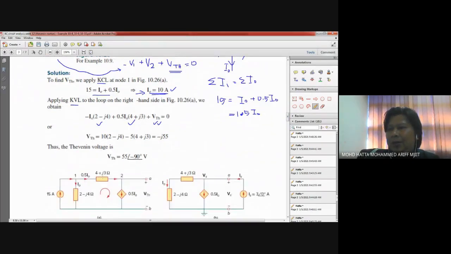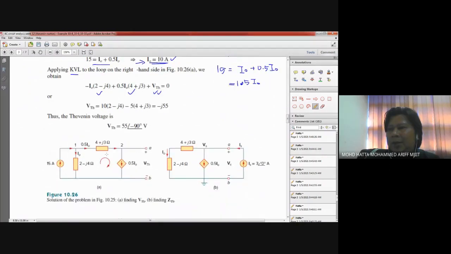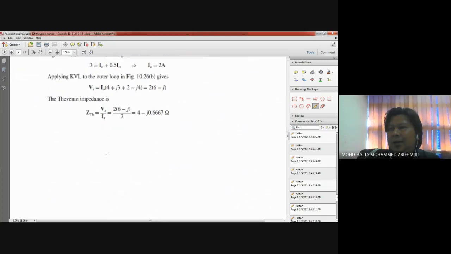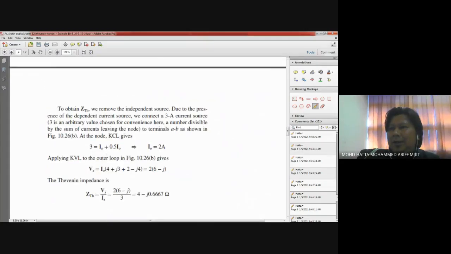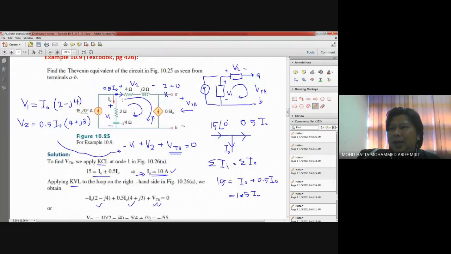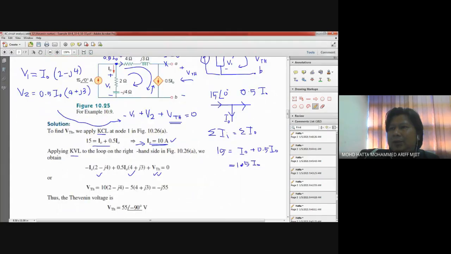All right, now we have the Thevenin voltage given by this. And how about the ZTH? To find ZTH, first we need to remove the independent source. As usual, according to this diagram, this is a current source, which means that we need to treat it as an open circuit.